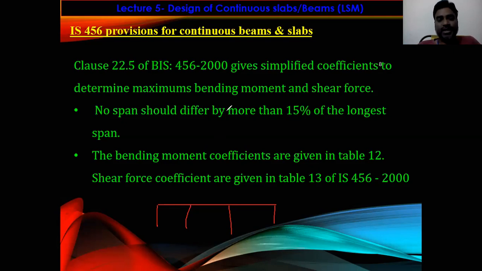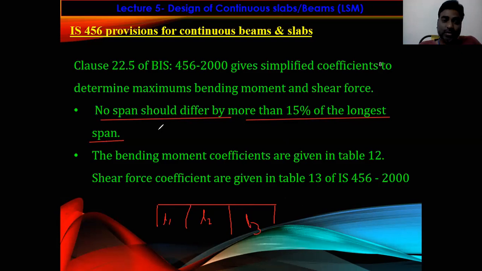That is the second. And one more important thing is, no span should differ by more than 15% of the longest span. What does it mean? Suppose, let us say, this is your L1, this is your L2, and this is your L3.